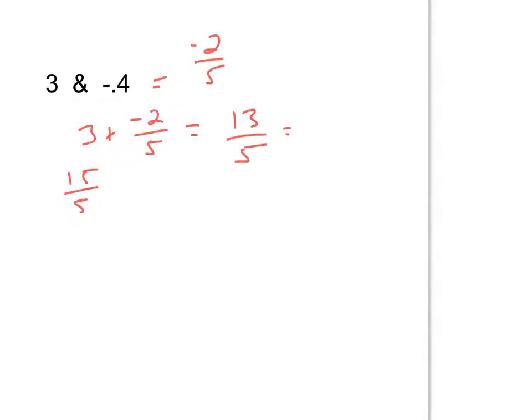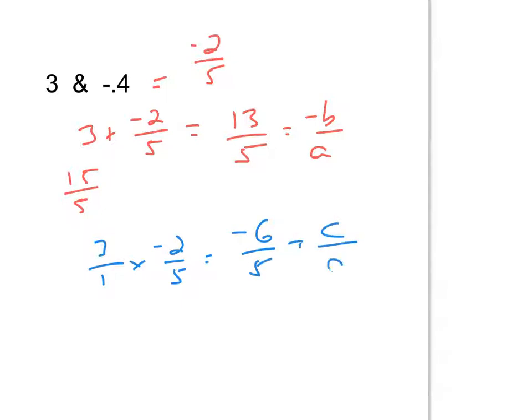So that's equal to negative b over a. If I multiply these two roots, I'm going to get 3 over 1 times negative 2/5, which equals negative 6/5. So that equals c over a.